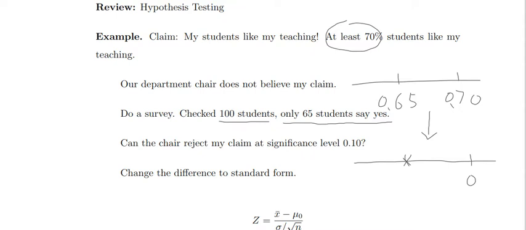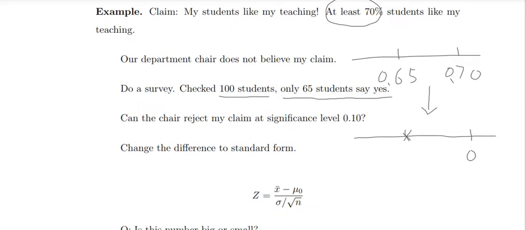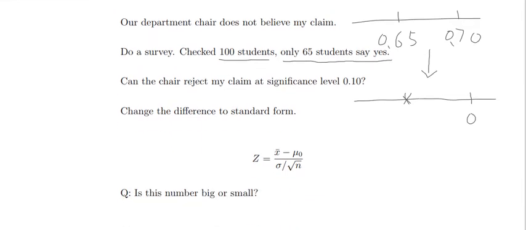This test statistic uses the formula x bar minus mu 0 over sigma over radical n. So we plug in: x bar is the 65% proportion, minus mu 0 is 70%.